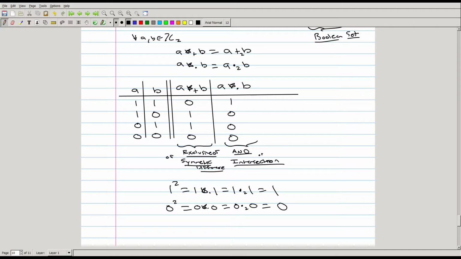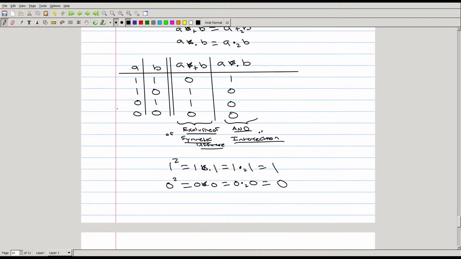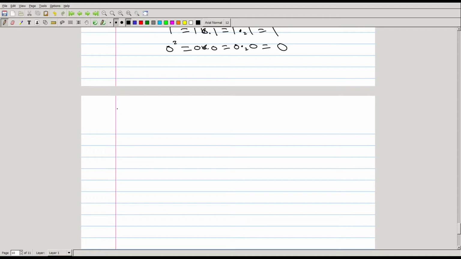And what's interesting here then is that we can actually define a much more general Boolean ring in terms of these set operations. So this is going to be example 2 of a Boolean ring.